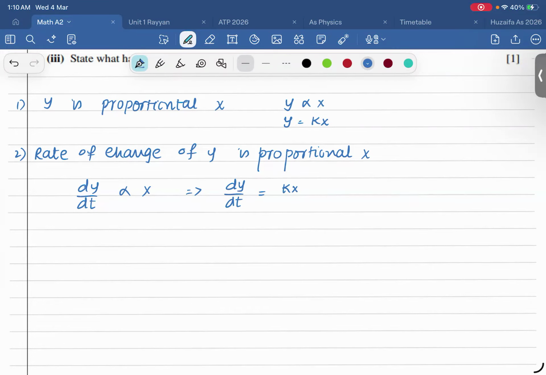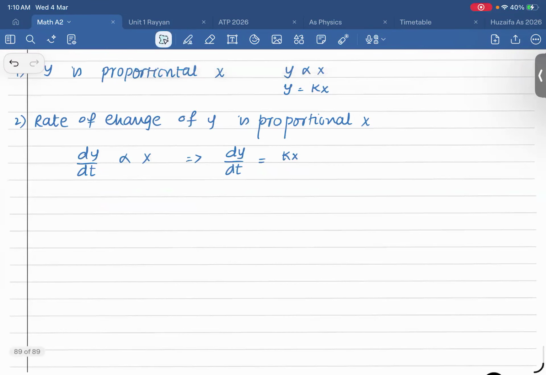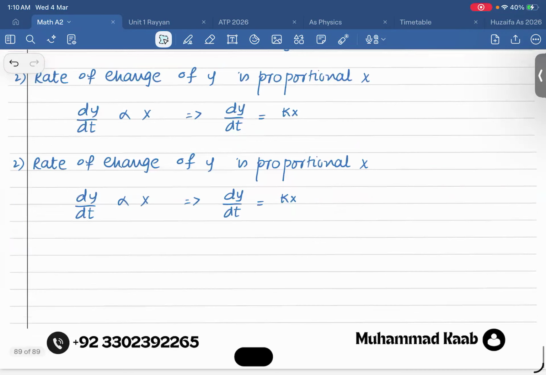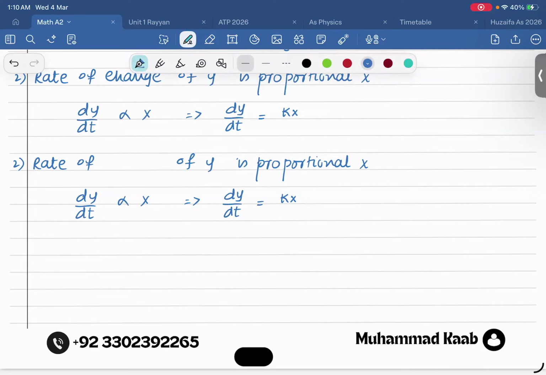Now the third thing is, if they mention in a similar question that the rate of increase of y is proportional to x, everything will be the same.